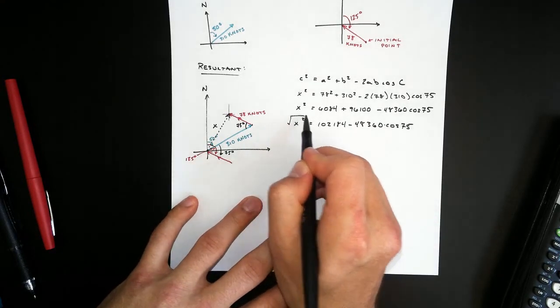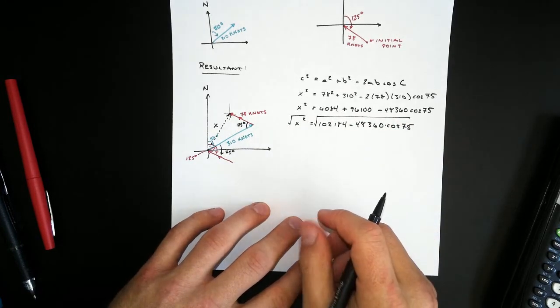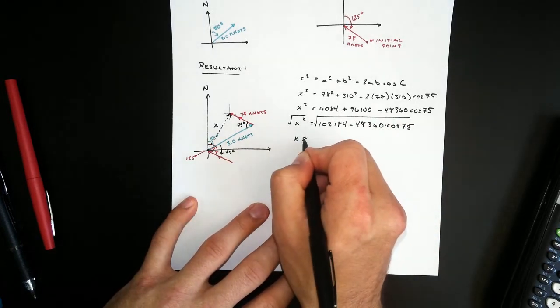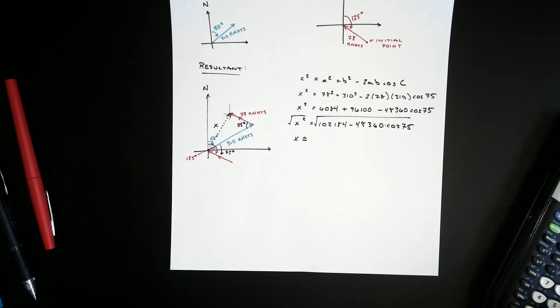But instead what I like to do is take the square root of that entire thing. Our calculator can help us out with that. So we have the square root of 102,184 minus 48,360 times the cosine of 75.